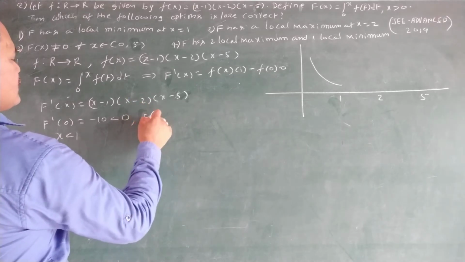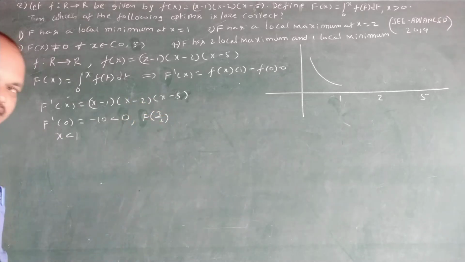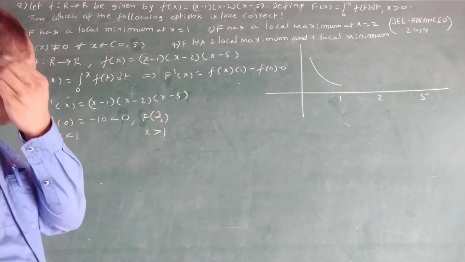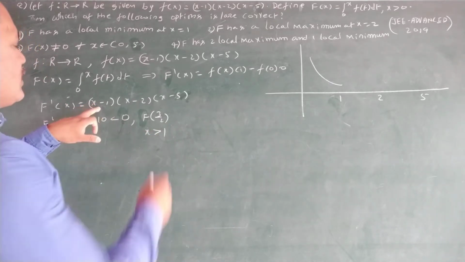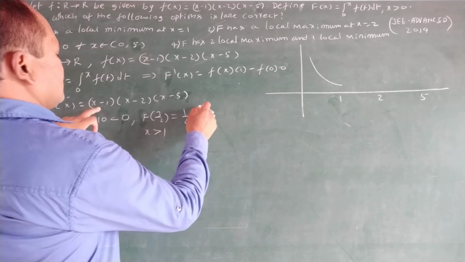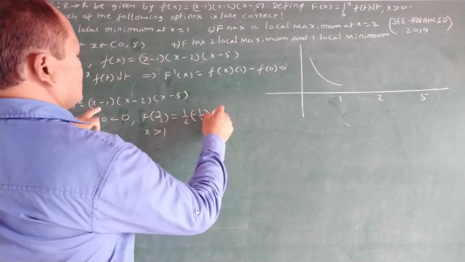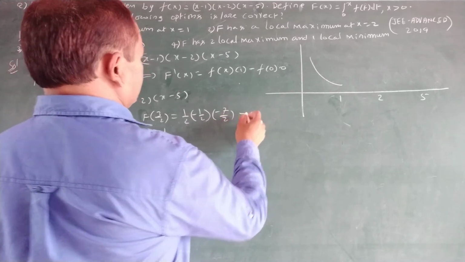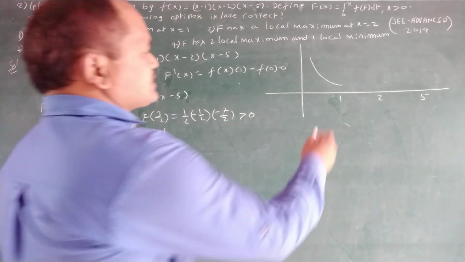Above 1, suppose we take 3 by 2, then x is greater than 1, and the value is 1 by 2 into minus 1 by 2 into minus 7 by 2. So this is positive. That's why it is increasing.